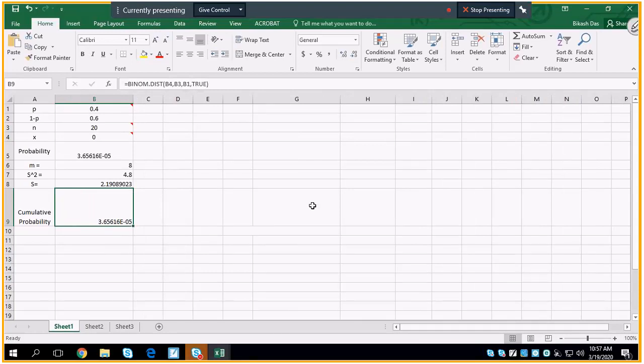So this number, how do I interpret it? This negative 5 means you are going to have 5 decimal places after the decimal point. So clearly this data I cannot round to 4 decimal places, then I will have all zeros.